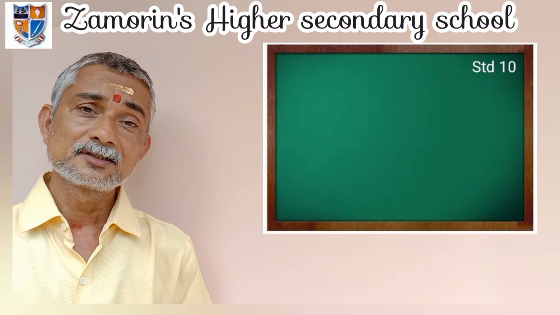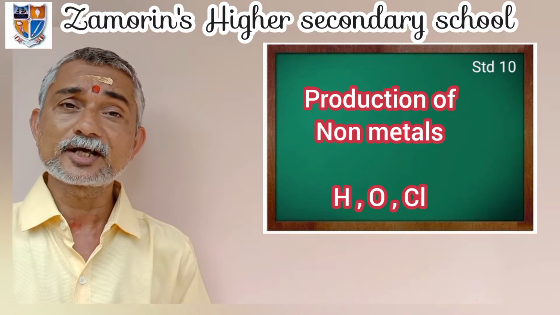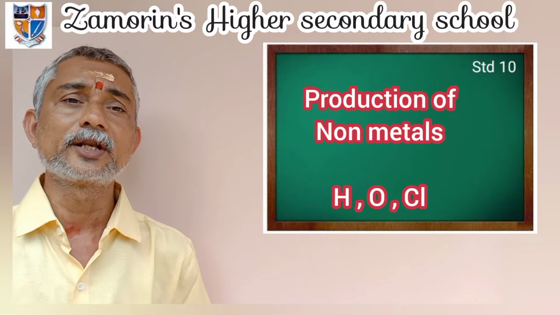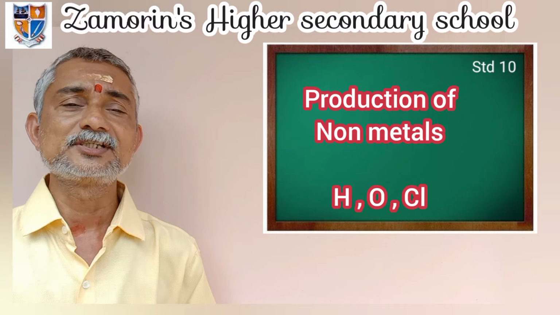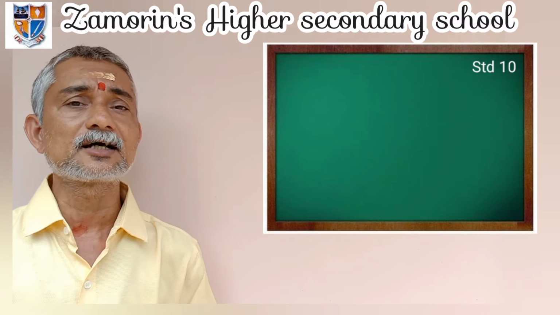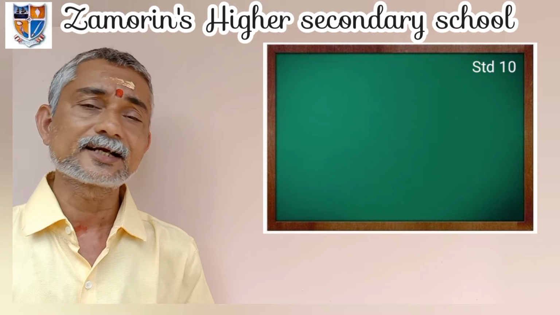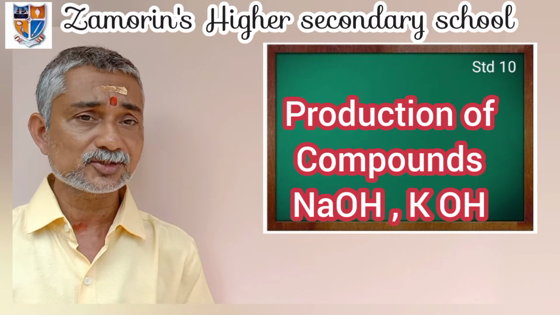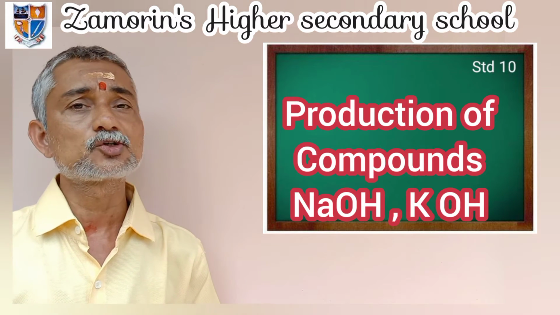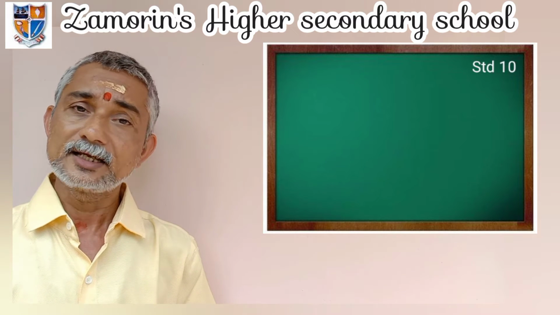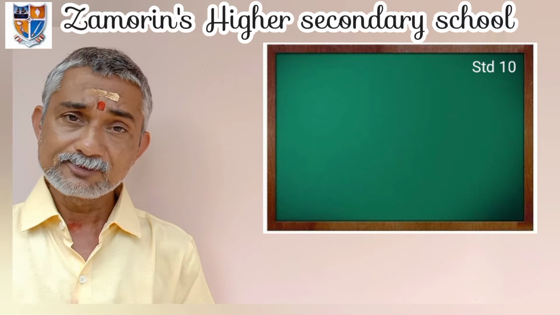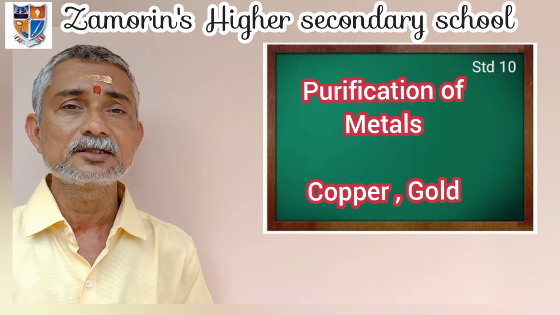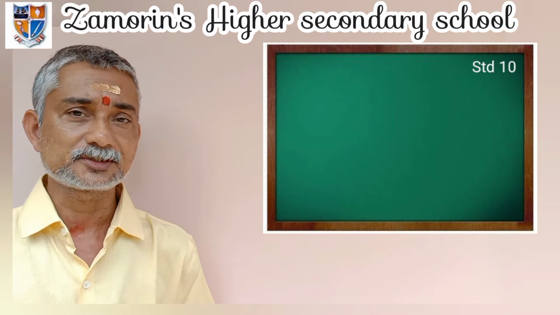Next, for the production of non-metals, that is hydrogen, chlorine, oxygen, all these non-metals are produced by electrolysis. And compounds like NaOH, KOH are also produced by electrolysis. And for the purification of metals like copper, gold, electrolysis is used.